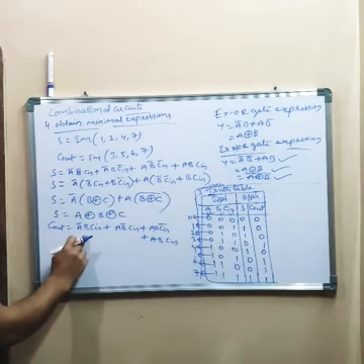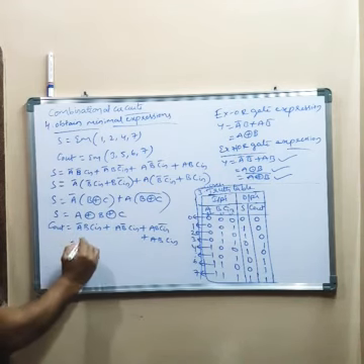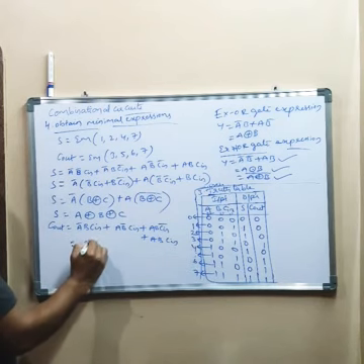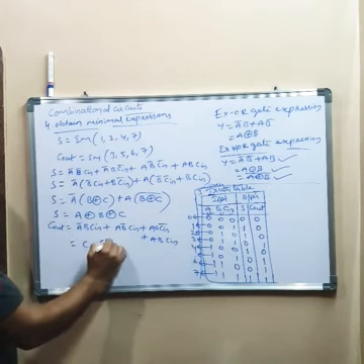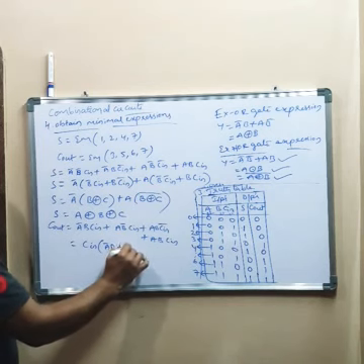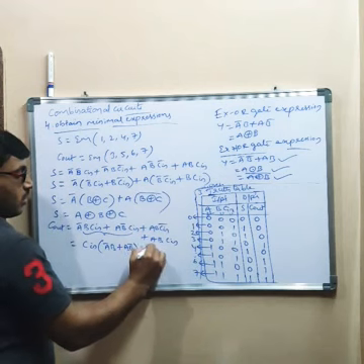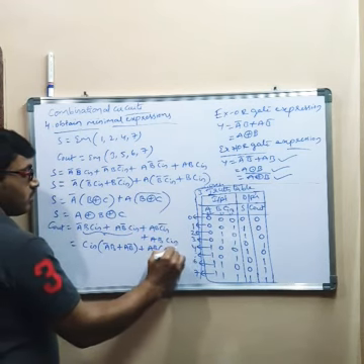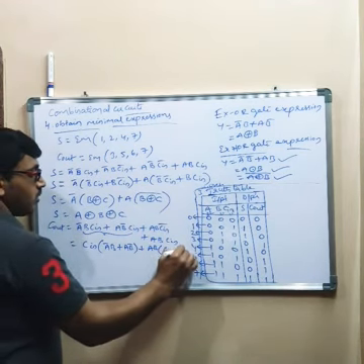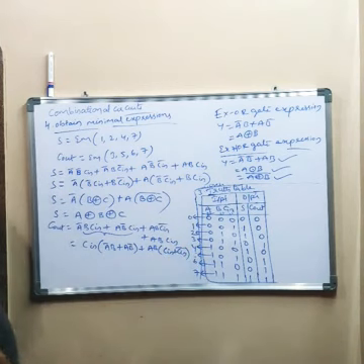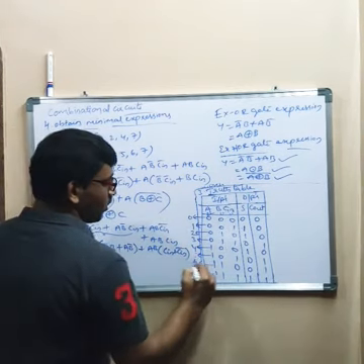We have only C in bar as common. I will take C in as common from A bar B plus A B bar in these two terms, and in these two terms I will take A B as common, C in plus C in bar.